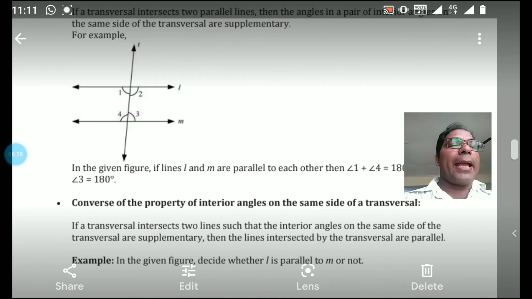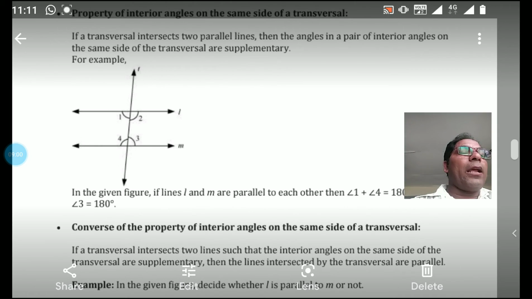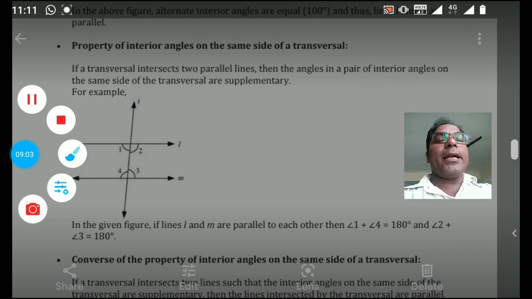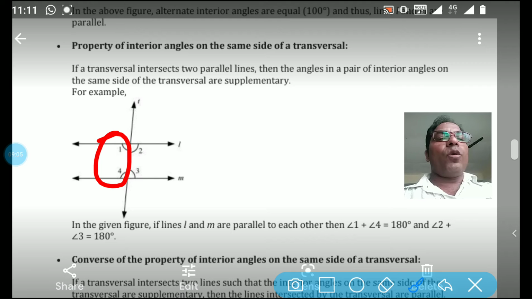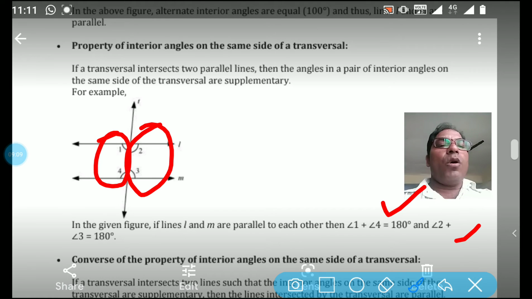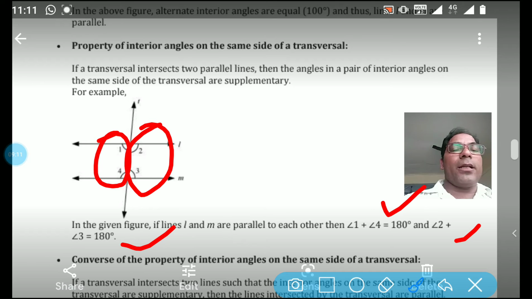Here in the diagram you can see angle 1 plus angle 4 equals 180 degrees, and angle 2 plus angle 3 equals 180 degrees.